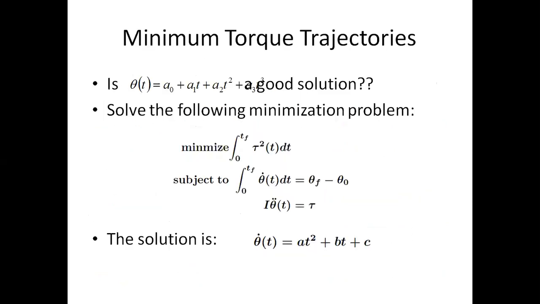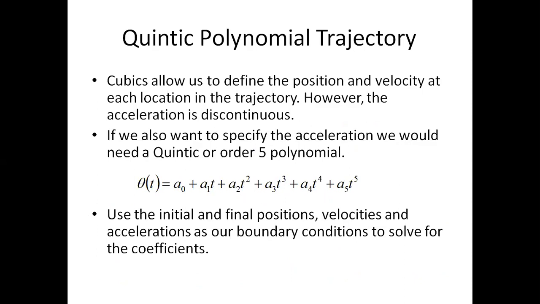Next we'll go for the quintic polynomial trajectory. The cubic allows us to define the position and the velocity at each location in the trajectory. When we talk about acceleration with the cubic polynomial, the acceleration will be a discontinuous wave.